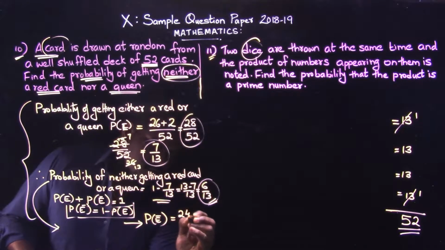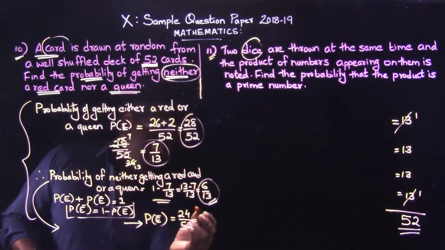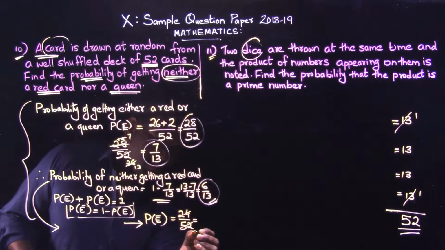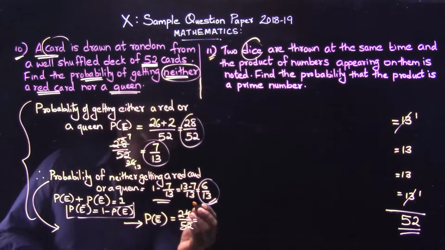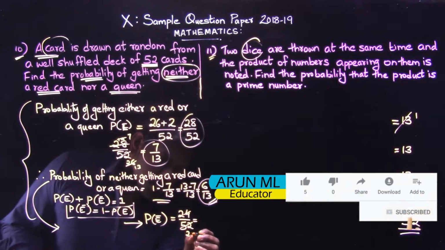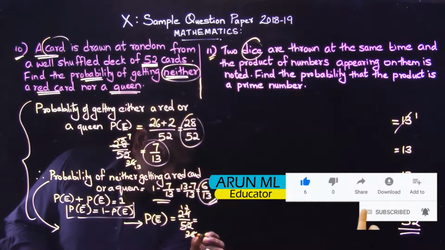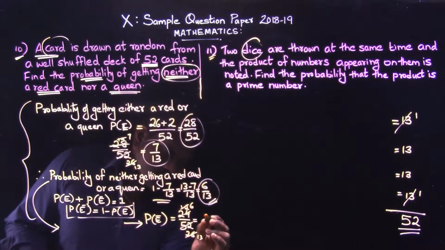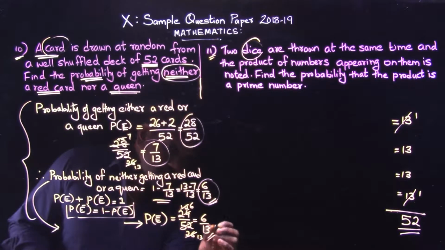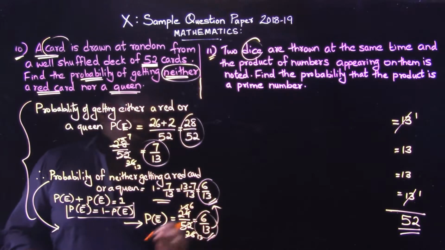So 24 divided by 52, if I calculate it, is again the same: 12 by 26, 6 by 13. So 6 by 13, which is what we already got.